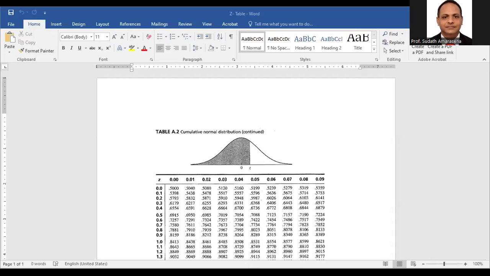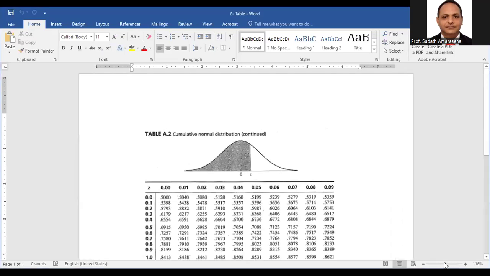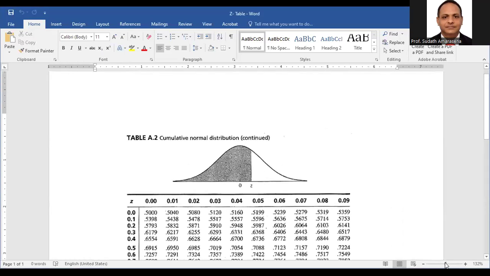Now you can see the table. On top of this table, you can see "cumulative normal distribution" is mentioned. But sometimes it is not mentioned in words, but the shaded normal distribution curve is given likewise. It is shaded more than the 0.5. Right? More than the 0.5. It means the cumulative.